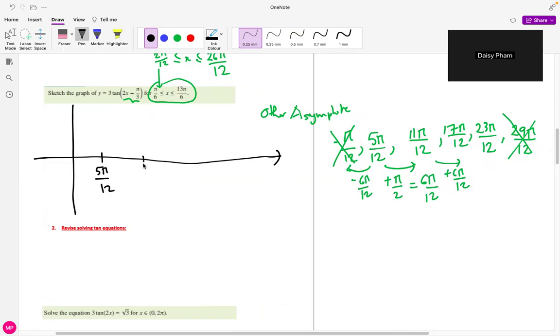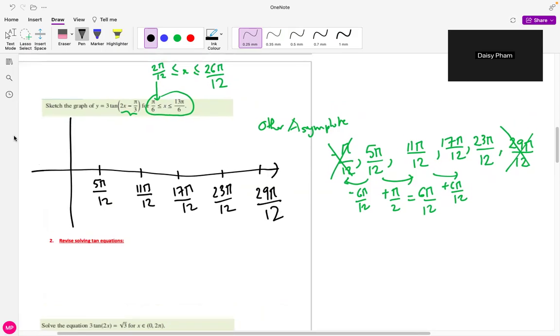We have 11π/12, 17π/12, 23π/12. And 29π/12 is not in the domain, but it's helpful to know where you should cut your graph. You should cut your graph at 26π/12. Can you see that? And then negative π/12 will be on the other side. Again, you won't need it, but let's keep it for now. All right, so these will be our asymptotes.